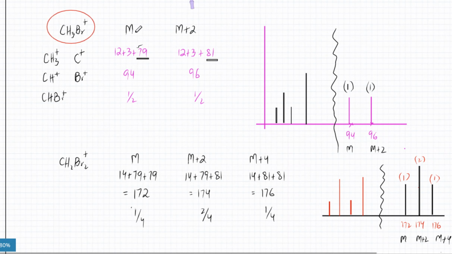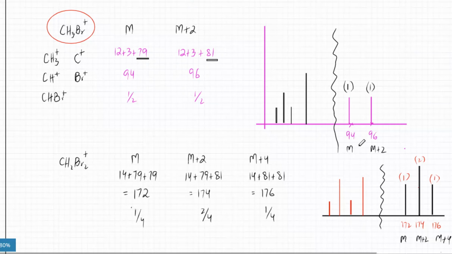Because the bromine would be either 79 or 81. But the probability of getting both of them is the same, 1/2 and 1/2. So in this case, there's going to be a detection at 94. And if the bromine is 81, then the detection would be at 96, and it's going to be 1 by 2 and 1 by 2, right?